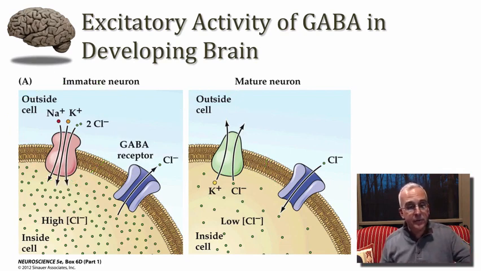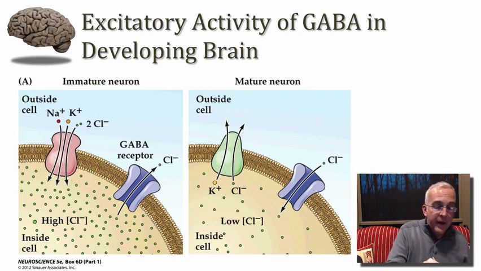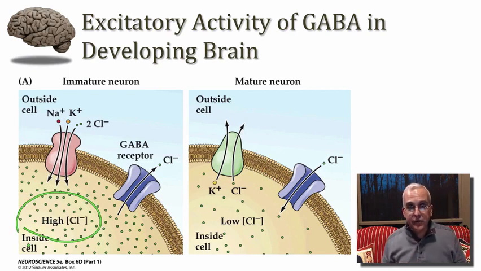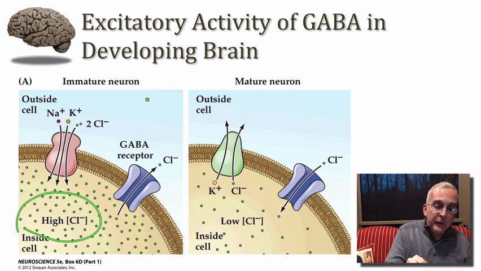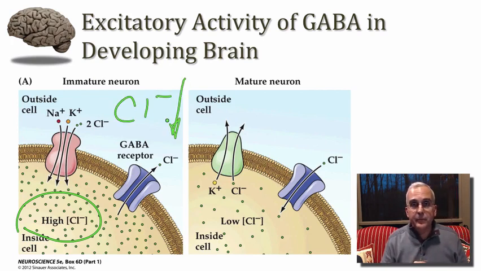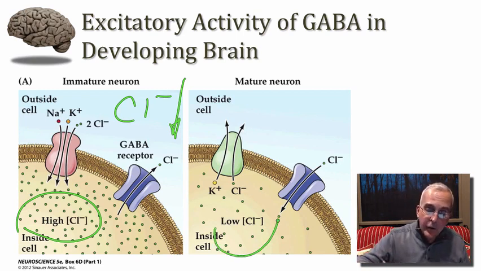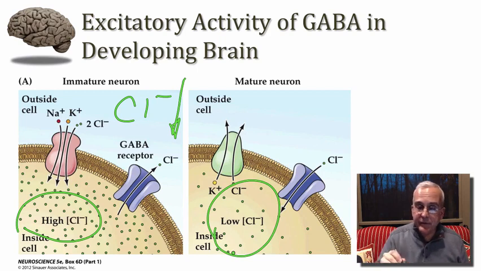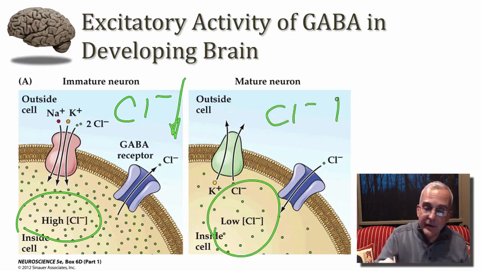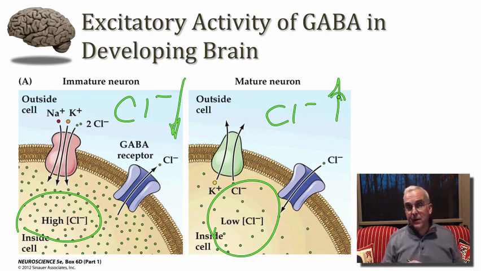So in an immature neuron, we typically have high chloride concentrations in the cytoplasm and low chloride concentrations in the extracellular spaces. But once this gene switch is turned on and a different type of transporter is now inserted into the membrane as the neurons develop in postnatal life, now we have low chloride concentrations within the cytoplasm and much higher chloride concentrations outside of the cell.